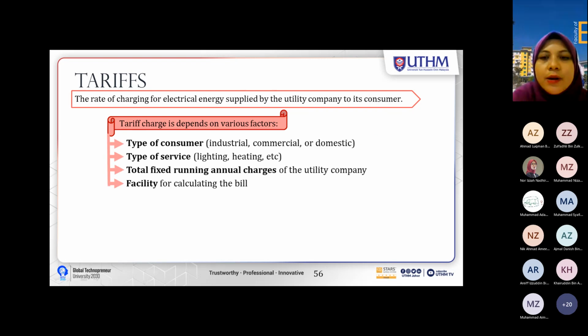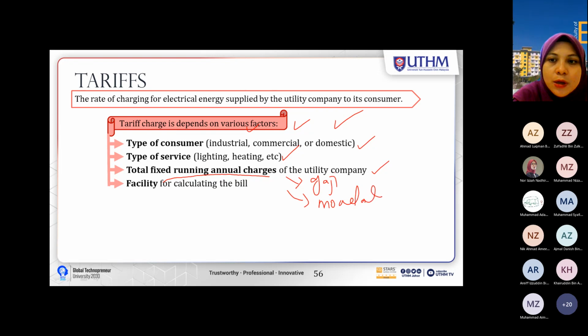It varies. So there is the type of consumer, maybe industrial, commercial, domestic, the type of service, lighting, heating, and then the total fixed annual charge of the utility company. This is determined, for example, by salary, the capital cost, and then also we have fuel cost, for example when we use fossil fuel, natural gas, or coal.